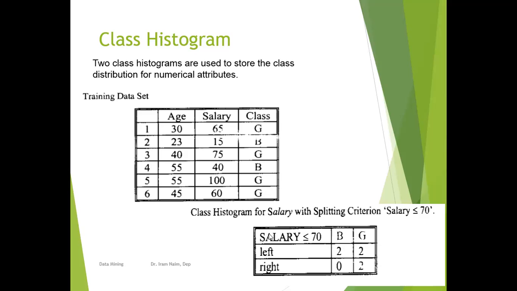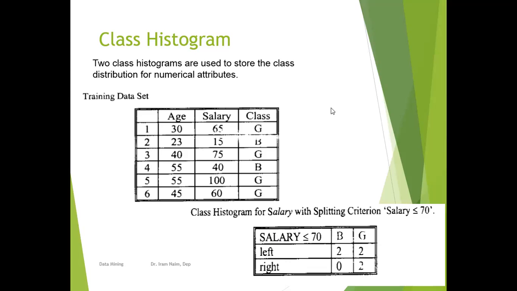The splitting criteria will be written here, left and right written at the bottom, and we have two class labels, B and G. Now we can categorize two values on the left side for each of B and G. Then on the right side, we'll have 0 values at class label B and 2 values at class label G. So all the 6 values can be categorized in such a manner. When you have a numerical attribute, class histograms are used.